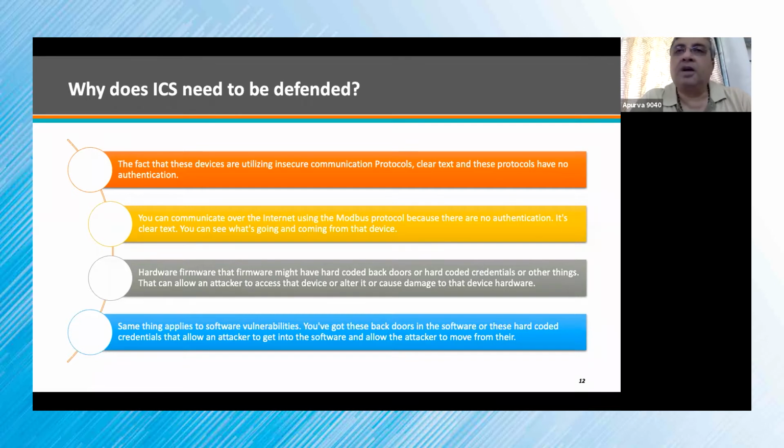Upgrading this firmware is very expensive. I have experienced this in real life, with a 15-year-old system running a Windows CE embedded system. When we looked at the threat landscape and said we have to upgrade, the cost ran into crores, not single digit but double digit.